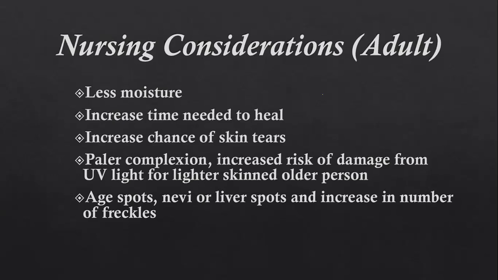Their complexion is paler. And that's why we always try to tell older patients, especially if you're fair skinned, don't get a lot of sunlight, because it can damage your skin. Any kind of age spots, liver spots, nevus, an increased number of freckles, all this kind of stuff puts you at increased risk for problems with your skin.